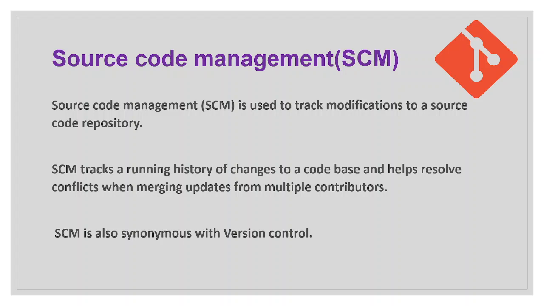The contributor is a developer who can make changes to the source code, so that will be captured, and we maintain the history of it, like who has committed and when this change has been made. These things help us resolve conflicts and merge issues. Source code management is also called version control.